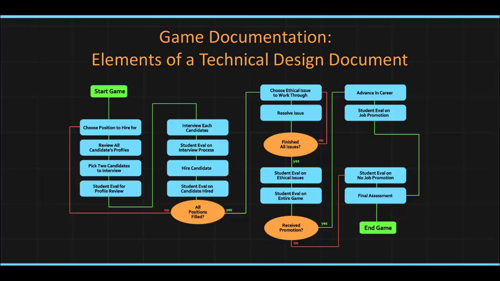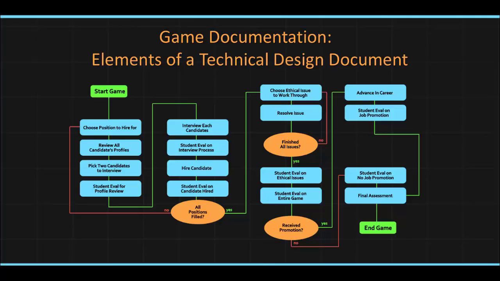So now we're going to look at the elements of a technical design document. And although for the purposes of this game design curriculum, we're not going to fully examine the technical design document, it's still important to know its functions and what kind of things are going to be in that document. So the technical design document, also known as a TDD, is a companion to the game design document.